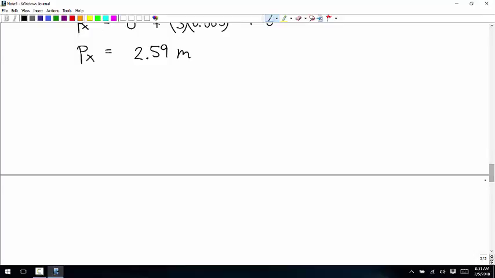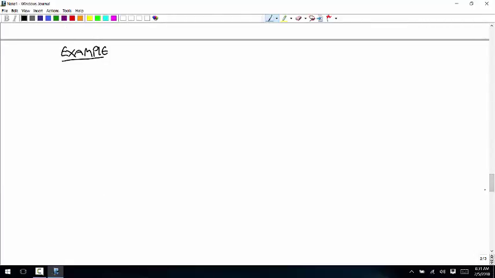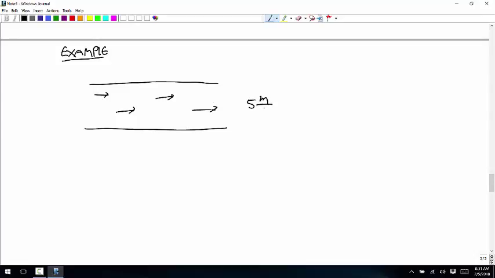Okay, let's do another one. So let's say that there's a river, and it's moving 5 meters per second, and it's 50 meters across.